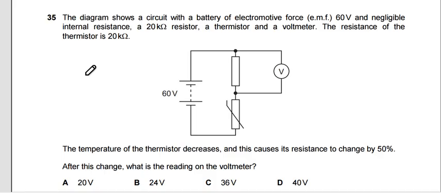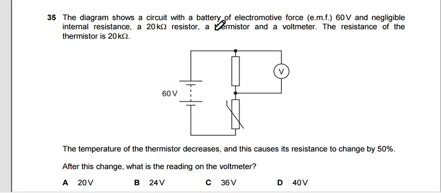So firstly, we should get the current after the change in temperature to find how much voltage is across the fixed resistor.